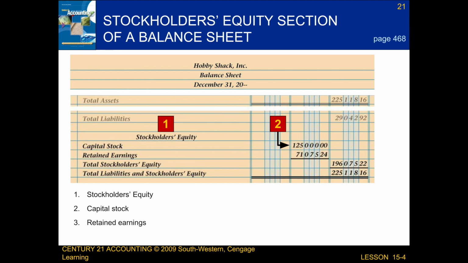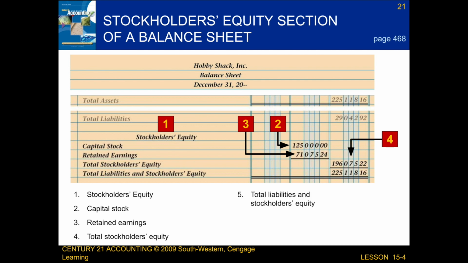After that, we write the retained earnings amount. Following that, we calculate the total stockholders' equity. Then, we calculate the total liabilities and stockholders' equity. And finally, we draw a double line rule to indicate that the total asset amount does indeed equal the total liabilities and stockholders' equity amount.